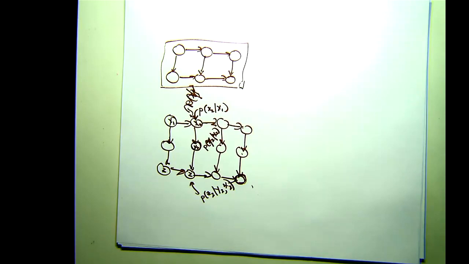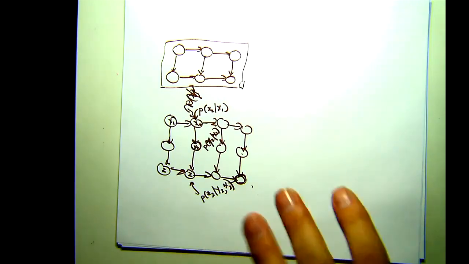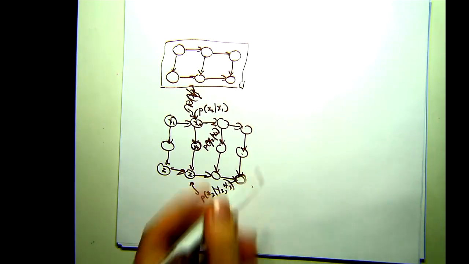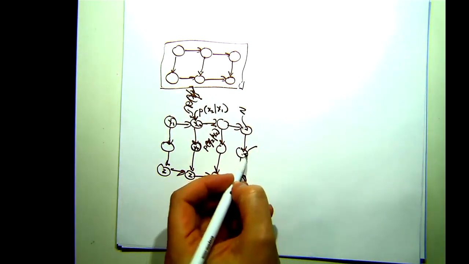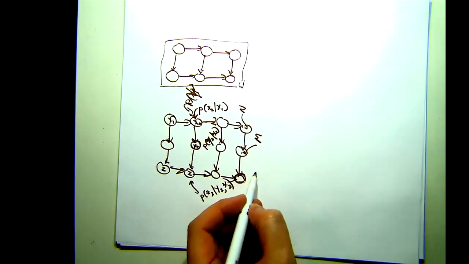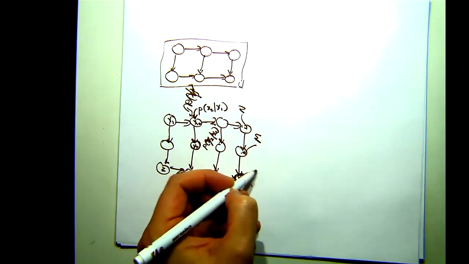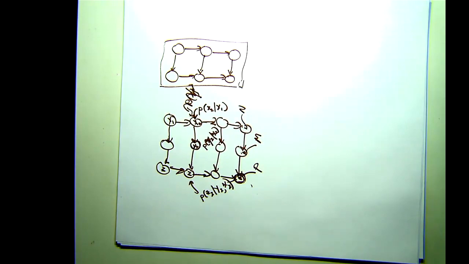And the trellis, if you drew this out, would be really ugly because each one of these nodes will have some n number of states. Each one of these nodes would have some m number of states. These guys would have some p number of states. So you'd get this giant, multi-dimensional array to calculate the dynamic program. But you could do it, and it's still polynomial time.